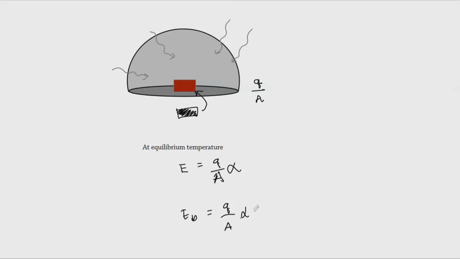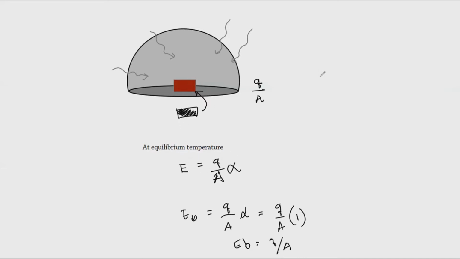But we know that the absorptivity of a black body is actually equal to 1. So if alpha is equal to 1, then we could say that EB is equal to simply Q over A. This means that the black body would have absorbed all the heat that is being expelled by this enclosure.